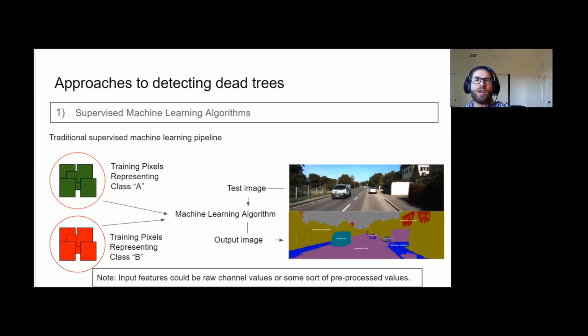We call these test images, and the algorithm will classify the new examples based on what it learned from the training examples. Often in remote sensing, we want the machine learning algorithm to classify every pixel in a scene, as is done in the example image here. This is called semantic segmentation. However, other tasks, such as classifying the entire image into one or multiple classes, or object detection, are also possible.